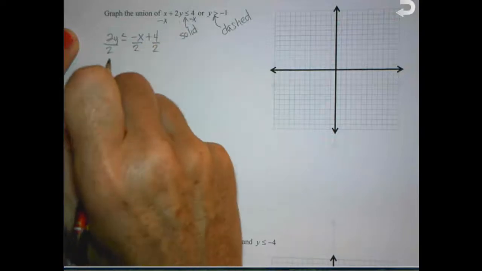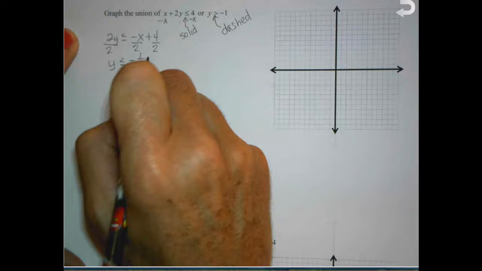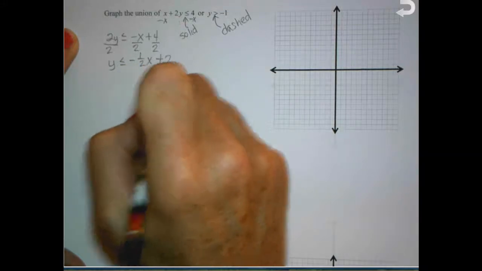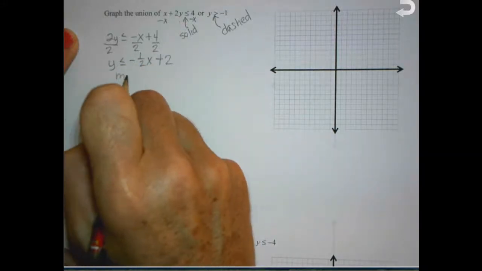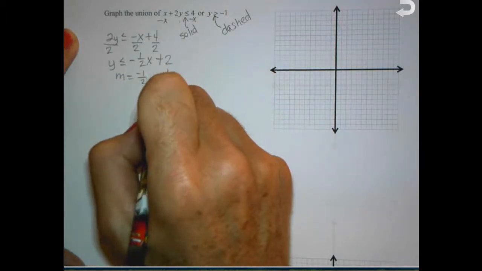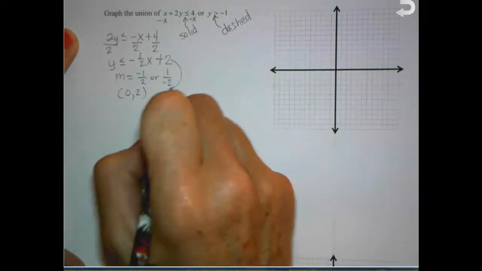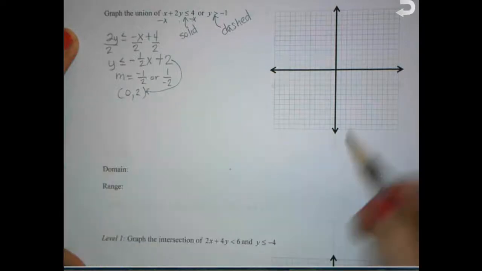That means each term. And I have y is less than or equal to negative 1/2 x plus 2. That tells me my slope is negative 1 over 2 or 1 over negative 2. And my y-intercept is (0, 2), coming from right there.